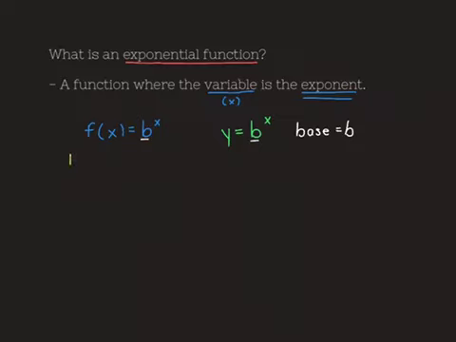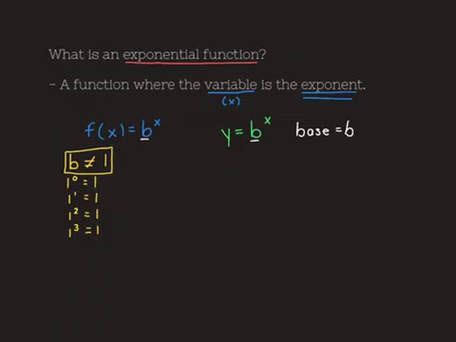So first of all, our base b cannot be equal to 1. Because if we had a base of 1, it wouldn't matter what our exponent was. This function would actually stay the same because 1 to any power is always just going to be 1. So b cannot be equal to 1.